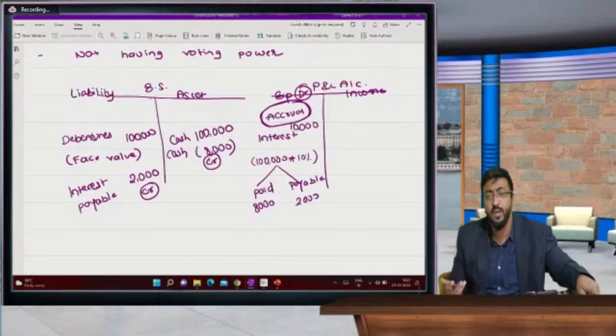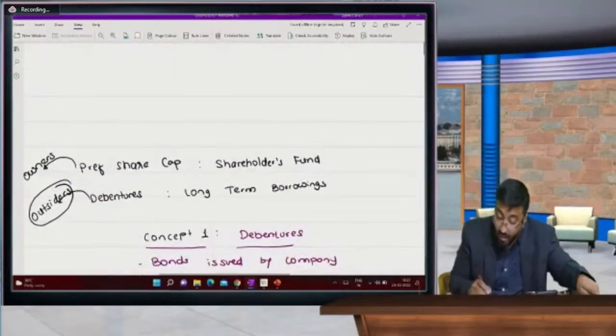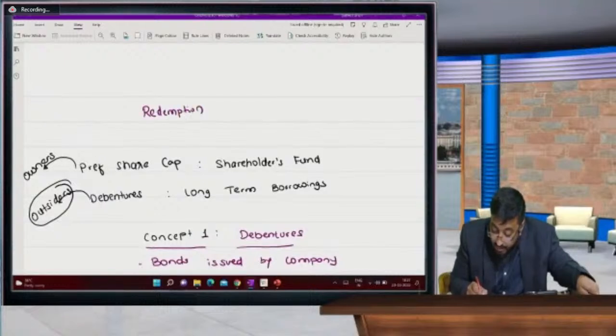So sir, what is the debenture topic? Why is there a need for the debenture topic? So see, at foundation level you already studied issue of debentures, that is on the first day. Now this is a topic on the last date: redemption entries.